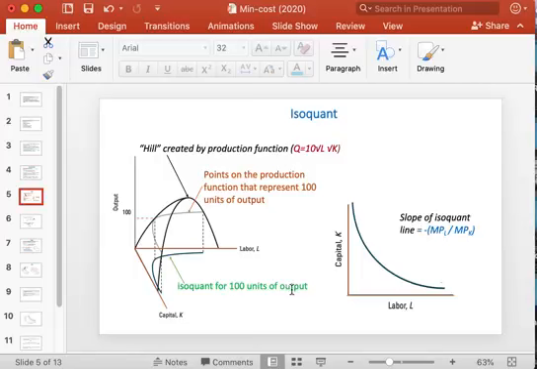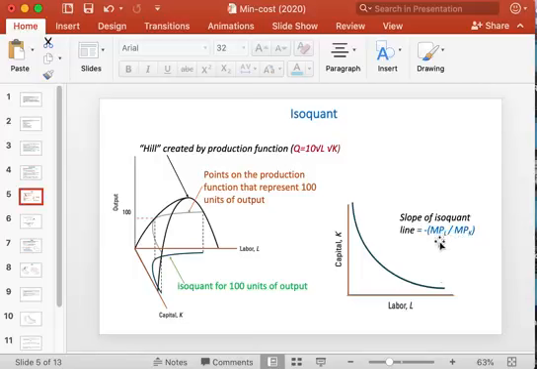The slope of this isoquant line is given by the marginal product of labor, in short written as MP subscript L, and the marginal product of capital, MP subscript K. So the slope of the isoquant line is given by minus MPL divided by MPK, where MPL is the marginal product of labor and MPK is the marginal product of capital.